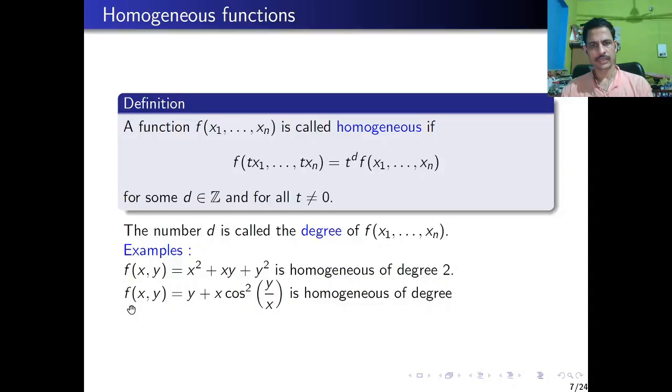We look at yet another example. f of x, y is equal to y plus x cos squared of y by x. Pause for a minute and guess what is the degree of homogeneity of this particular expression. First of all, you observe that this is homogeneous.